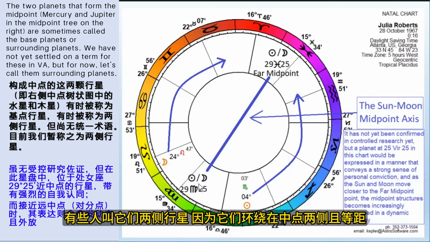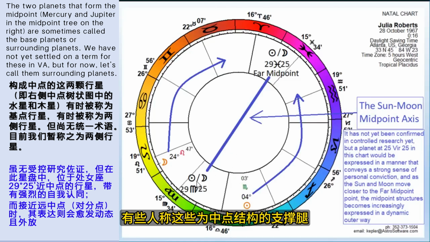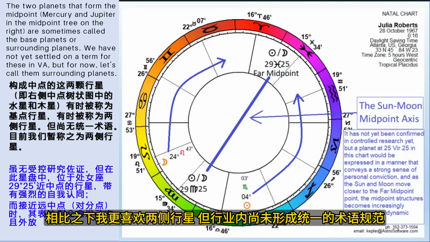Some people call them the surrounding planets, because they're the planets that surround, equally distant from the midpoint. Some people call these the legs of the midpoint structure. There are three different terms. I kind of like surrounding planets, but we don't have a term that we've picked out.